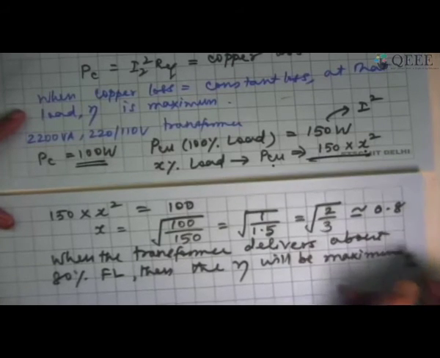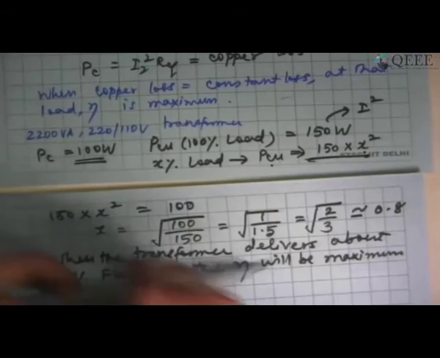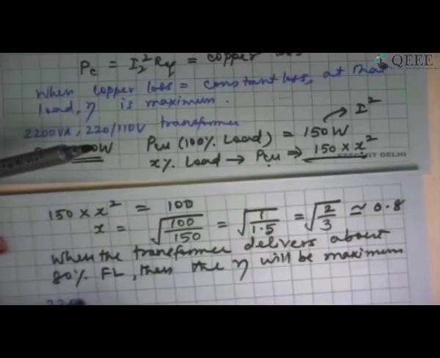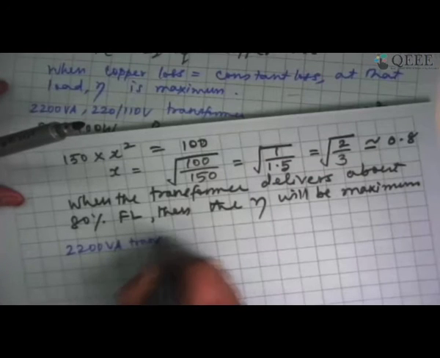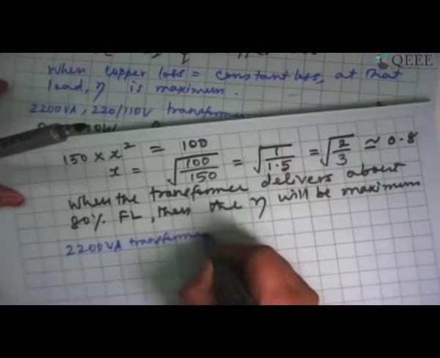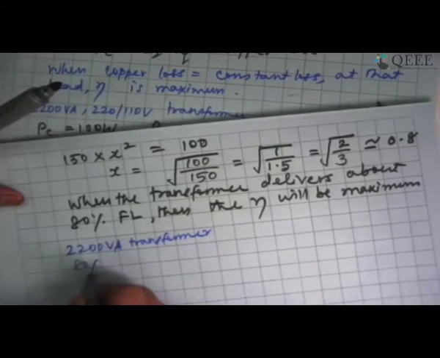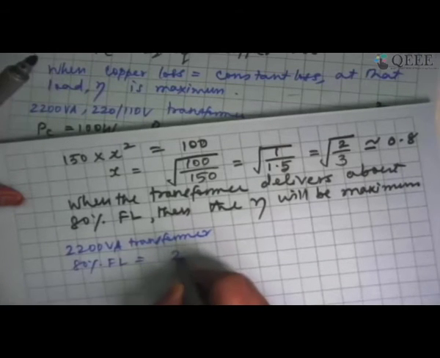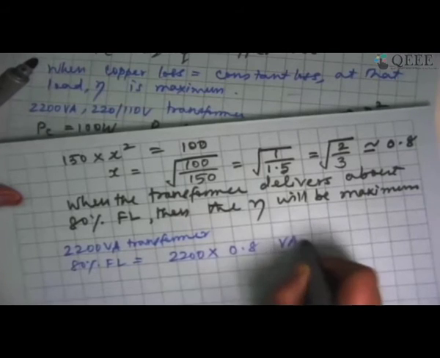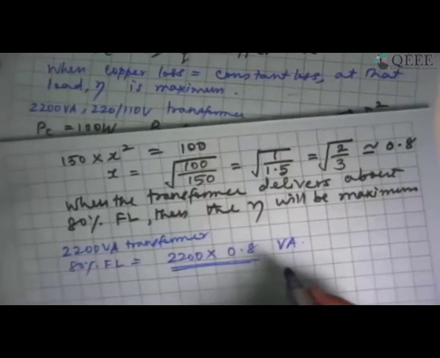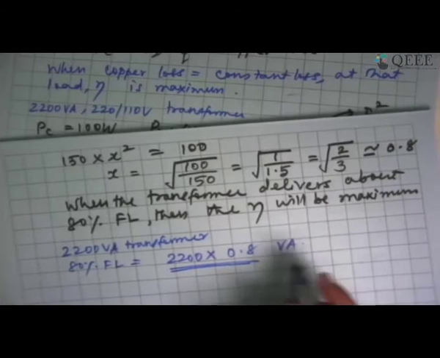That means this is a 2200 VA transformer, so 2200 VA is the full load. So 80% of full load is 2200 multiplied by 0.8 VA. This is the load at which roughly the efficiency will be maximum.